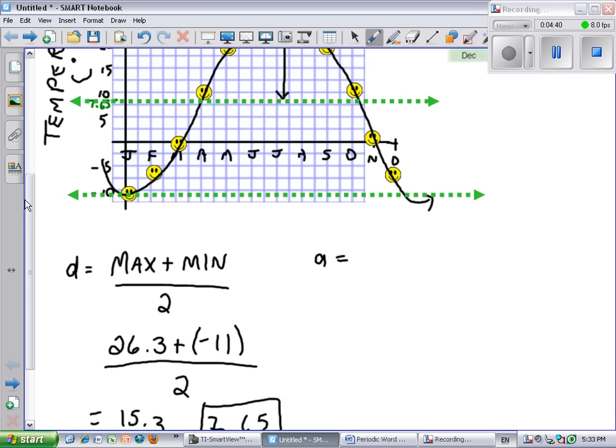So 26.3, subtract the D value of 7.65 equals 18.65. That is our A value.